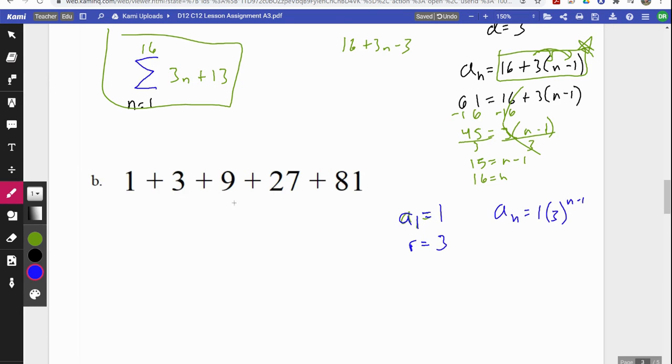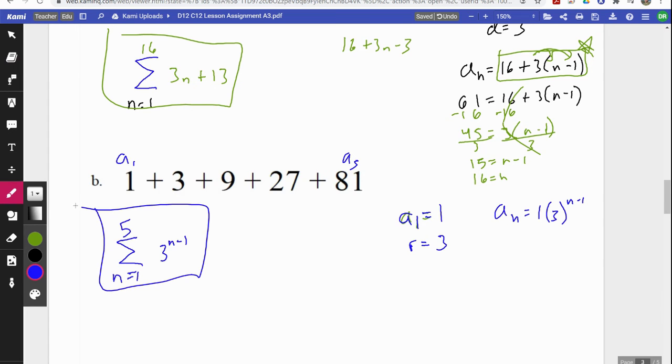And I can see which term this is. This is a sub 5. So this one's a little easier in that n would be starting at 1, going up to 5 terms. And then my formula, 1 times 3 to the n minus 1, is just as easily written as 3 to the n minus 1. That was a fast one.